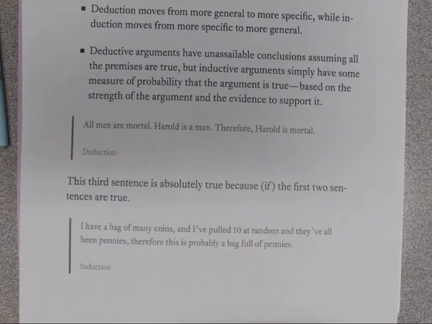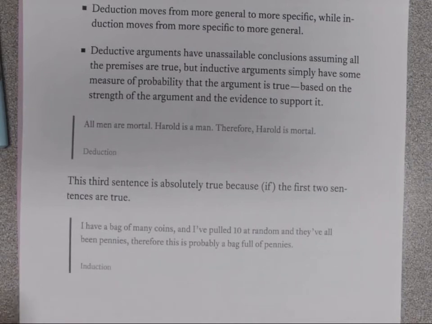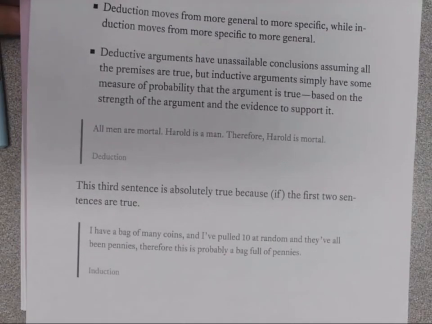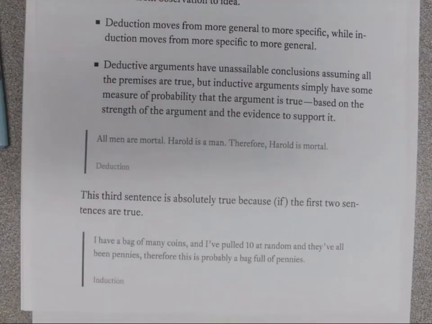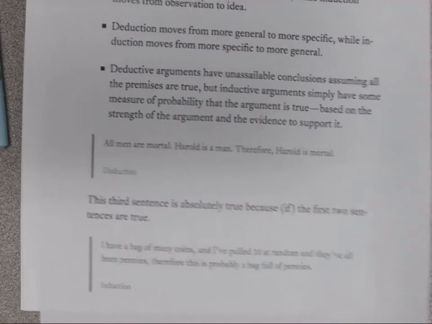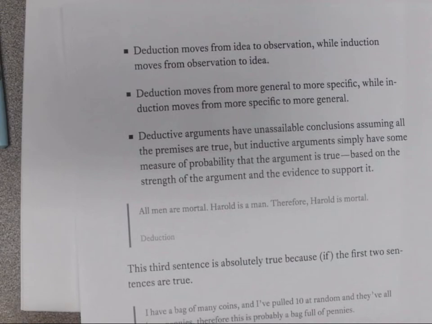But you're noticing some ideas of what's happening, and then you are taking it to that statement. Specifically, I've observed the coins coming out, so I'm taking it to a general statement. Okay? This could be true, but there could be an instance where it's not. But that's kind of the difference between them.